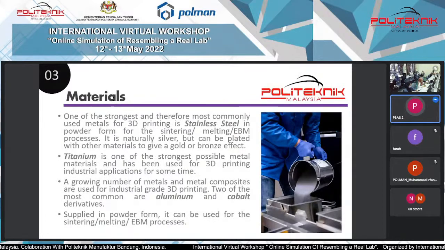We have titanium, which is likely to be applied in aircraft product design. And then we have aluminium and cobalt. So this is for metal-based industrial applications. The supplied material usually comes in powder. It can be used in sintering, SLS, melting, and EBM processes.